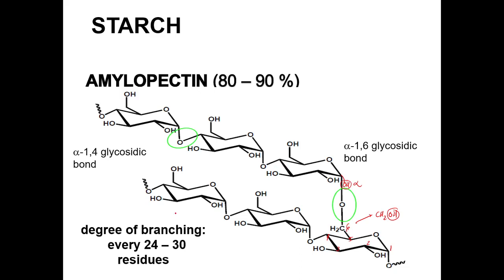Kasi class, kung ang ating starch ay linear lang, tuloy-tuloy lang siya, parang magiging kamukha siya ng cellulose. So, at yung pagbabranch kasi is an efficient way of storage ng ating starch. Kaya, kung natatandaan nyo sa photosynthesis, ang chloroplast napakaliit lang pero nasa-store doon yung starch efficiently kasi nga because of this degree of branching.